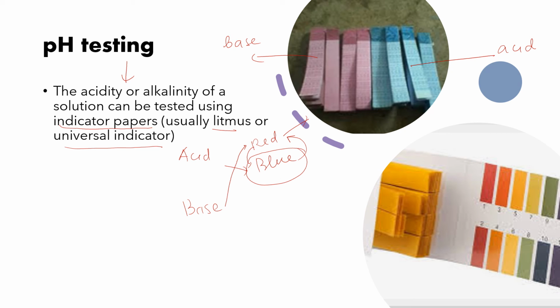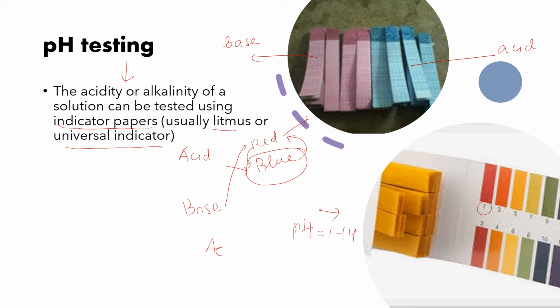Here we have universal indicator, which does not just show base or acid, but can also determine a certain pH number from 1 until 14.